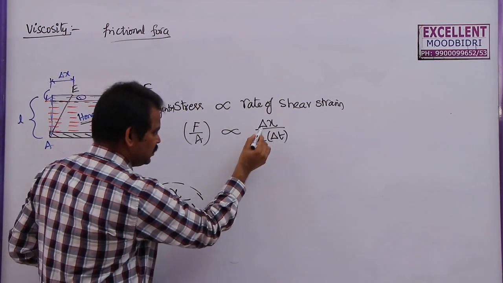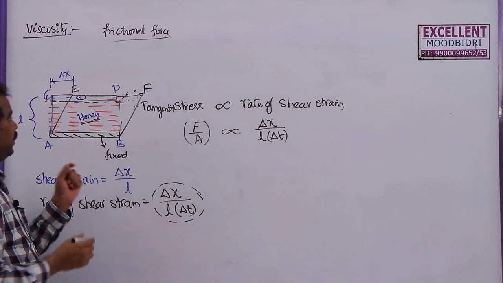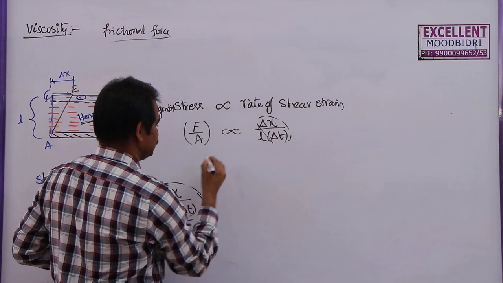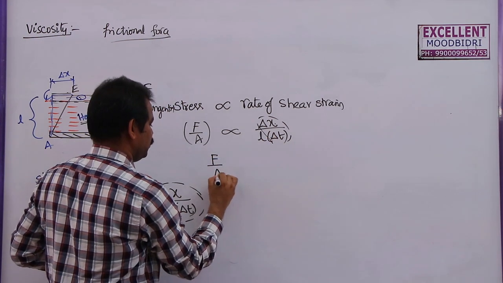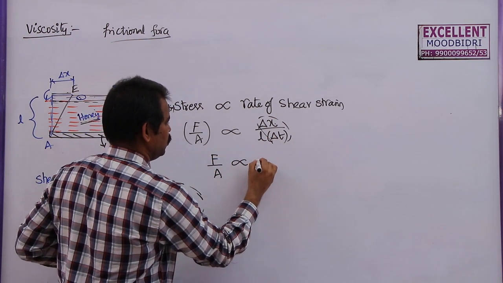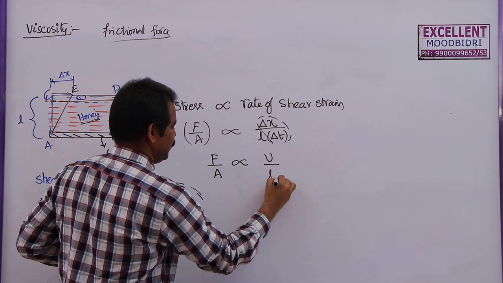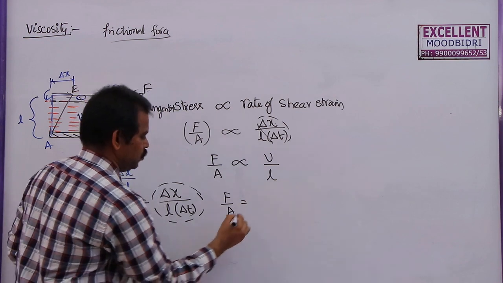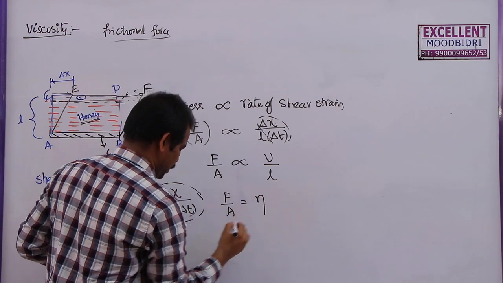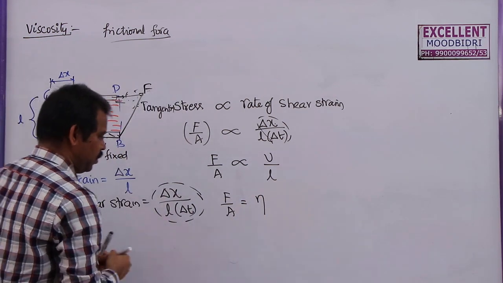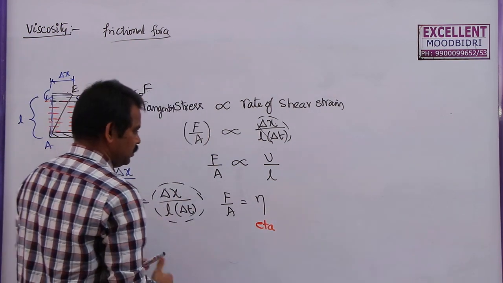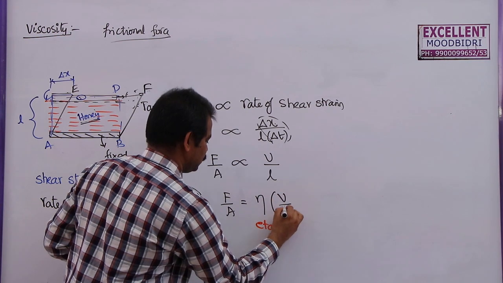What is delta x by delta t? The rate at which x is changing with respect to time, so we can call it velocity. So force per unit area is directly proportional to velocity by length, and F by A is equal to some constant eta, which we read as eta, times V by L.